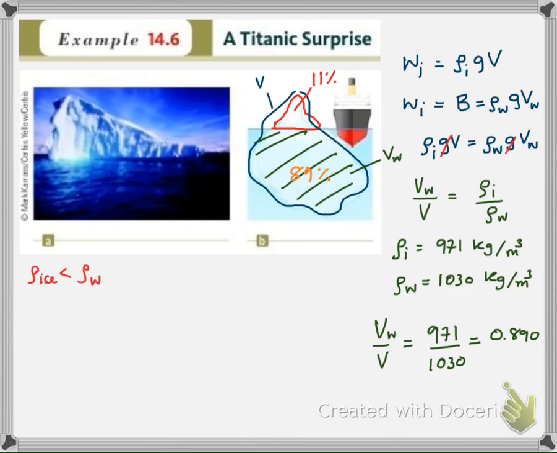So if you sail your ship near the iceberg, it is very dangerous, because there is a very high probability that you will hit the iceberg under the water, because you cannot see it.